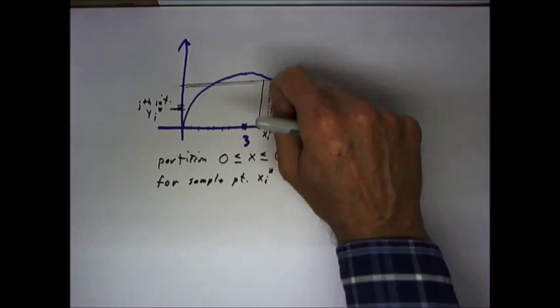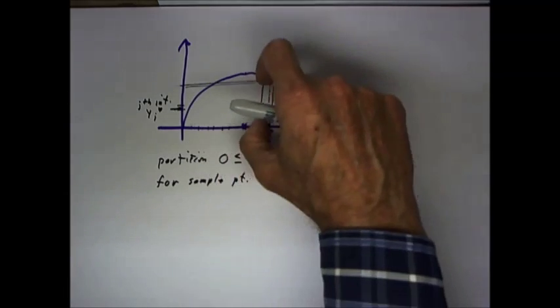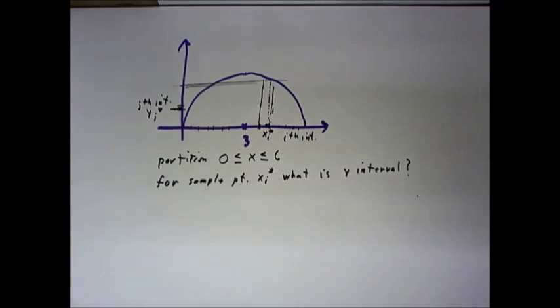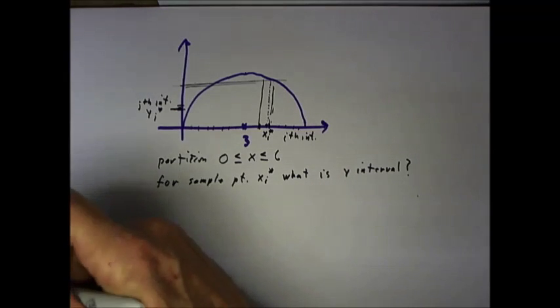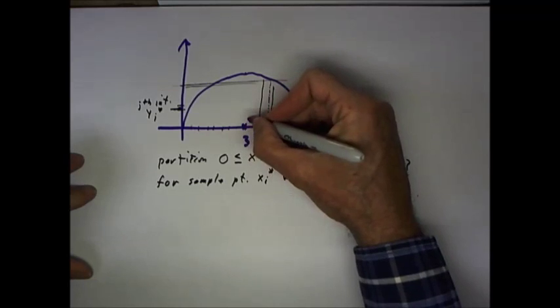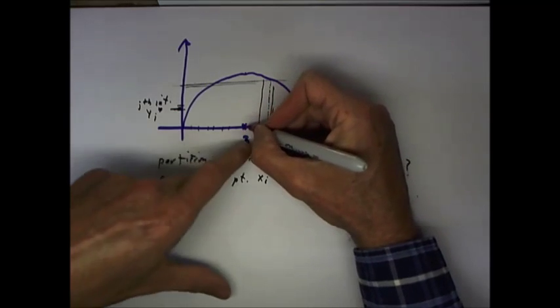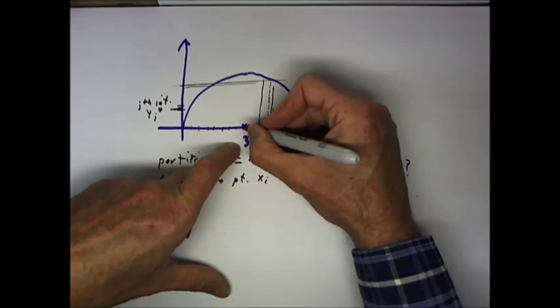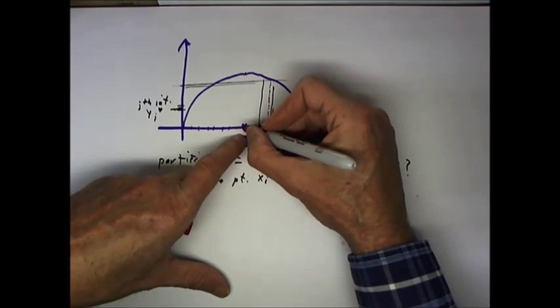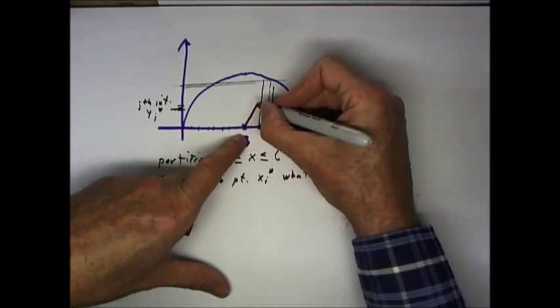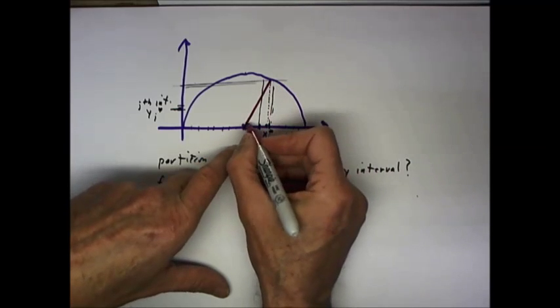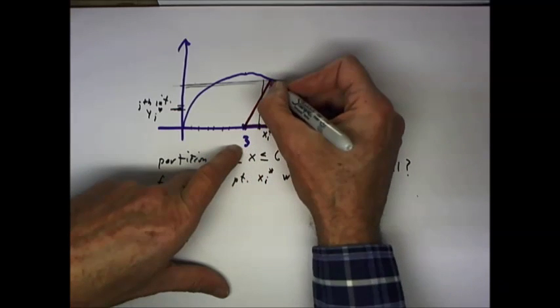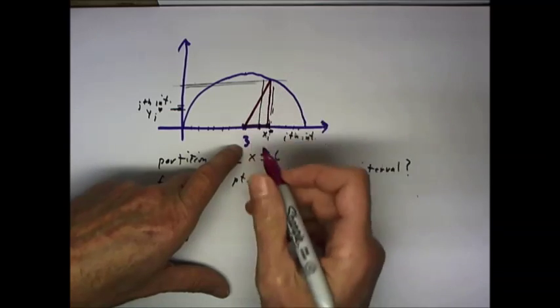Well, the y interval goes from 0 to whatever this is. What is the value going to be here? There are two possible approaches. We can figure this out geometrically by simply understanding that the center of the circle is at x equals 3, 0, and its radius is 3, giving us this triangle.